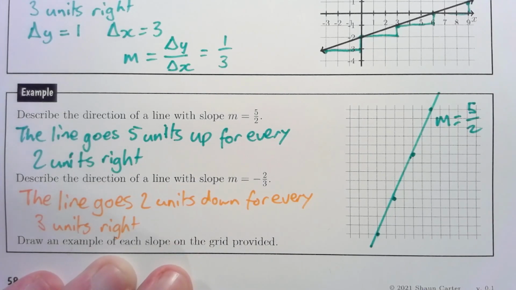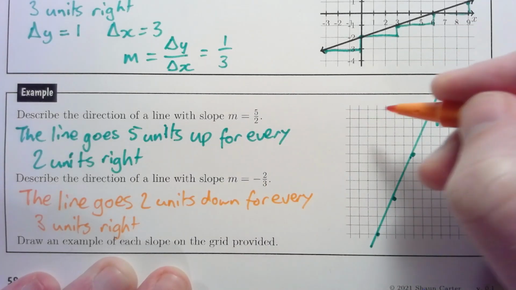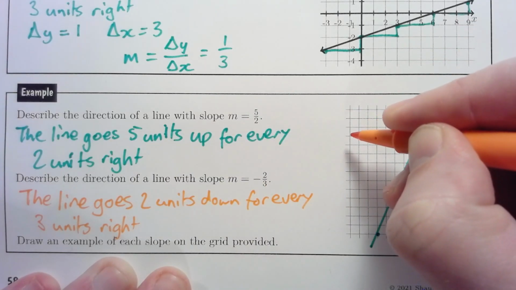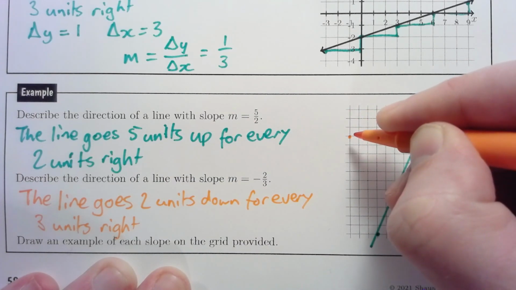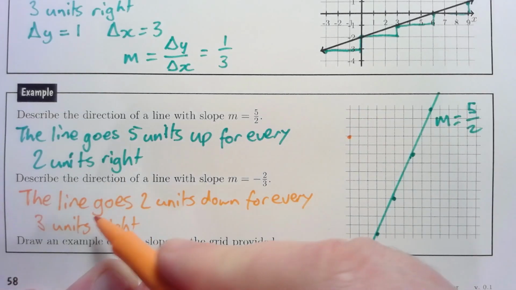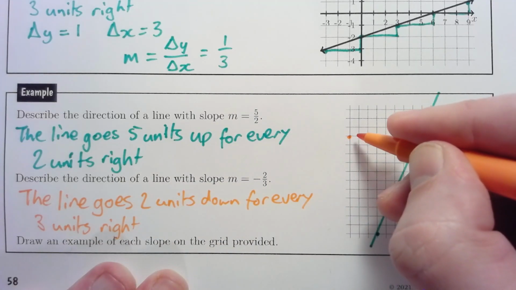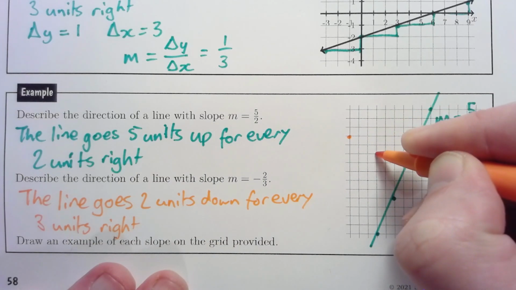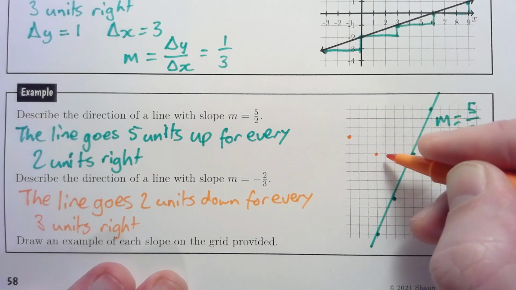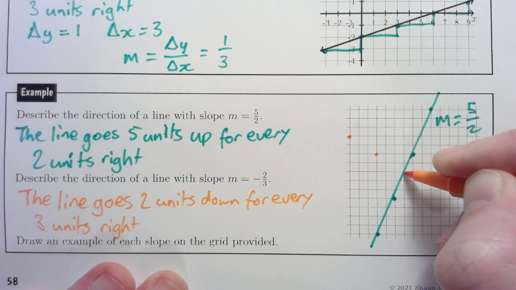Let's draw a line with slope -2/3. So I'm going to pick a point. Notice this will be going down. So I'm going to start on the upper part of my graph here, and I'm going to start on the side because I know that I'm going to go more across than I'll go down, because I'm doing only 2 units down for every 3 units right. So 1, 2, 3 units would be there, and then 2 units down would be there. 1, 2, 3 units to the right, and then 1, 2 units.